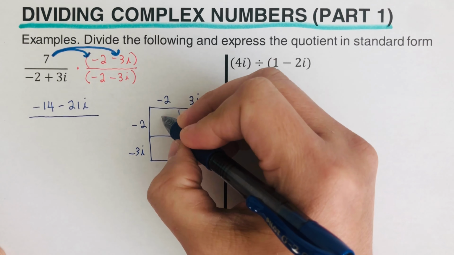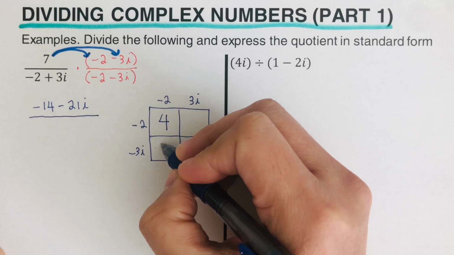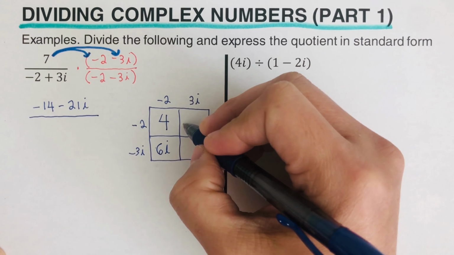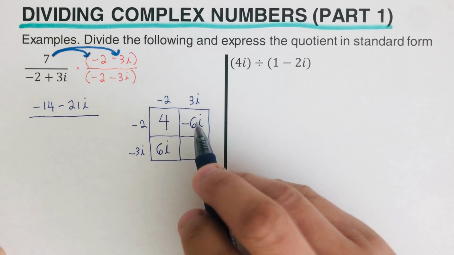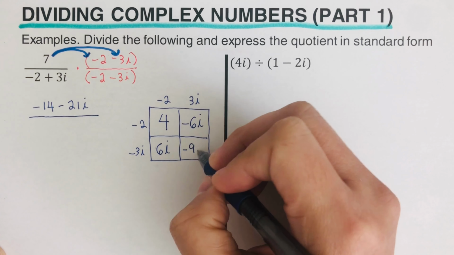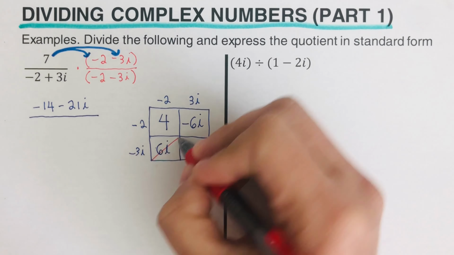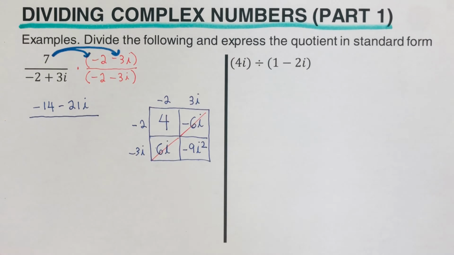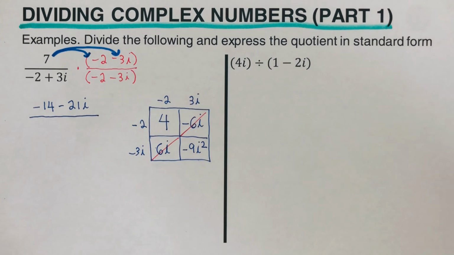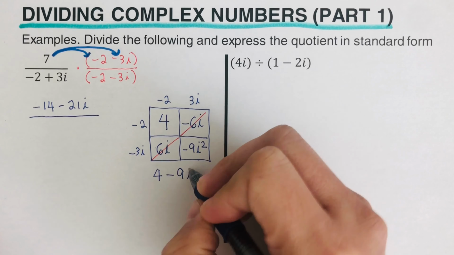-2 and -2 would be 4. And then -2 times -3i is a positive 6i. 3i times -2 is a -6i. 3i times -3i is a -9i squared. Now notice that this 6i and -6i get crossed out because they're opposite. They turn into 0. So then we are left with 4 minus 9i squared.